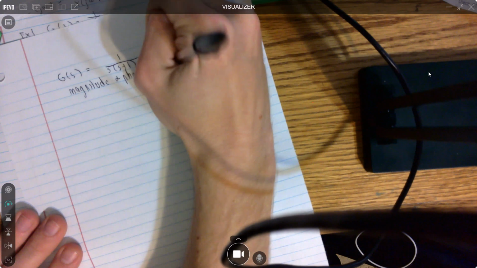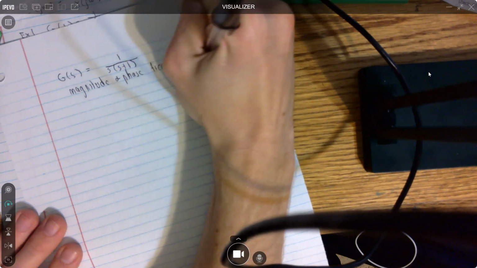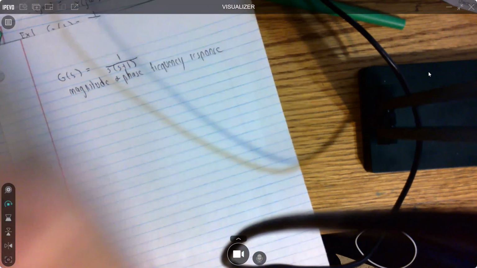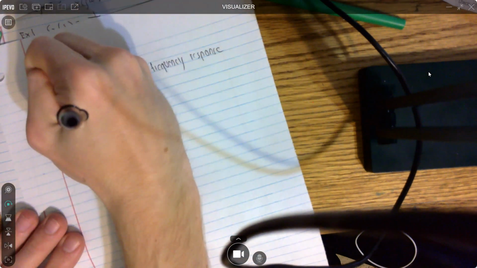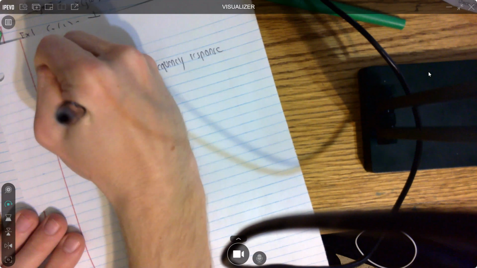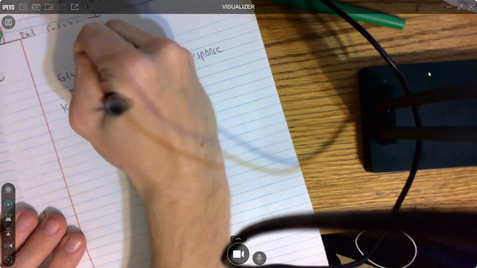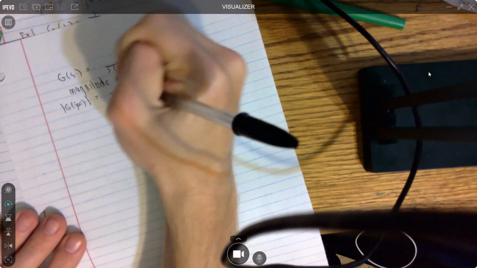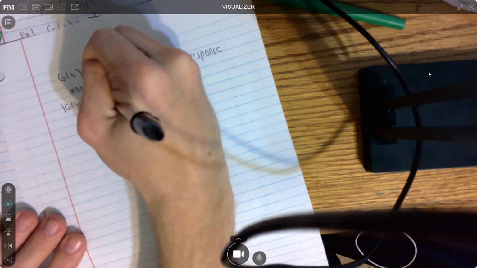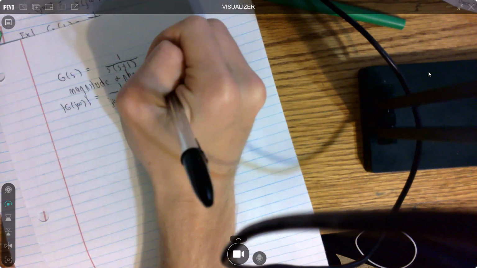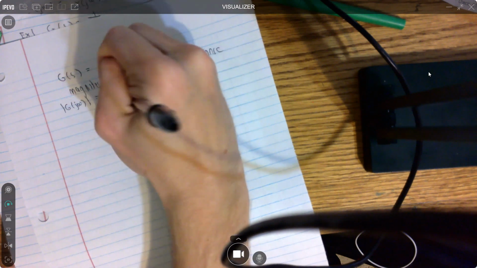If you're told to find the frequency response, for s, just plug in j omega. For the magnitude of G(j omega), it's going to equal 1 over, since the magnitude of 1 is just 1, j omega times (j omega plus 1).